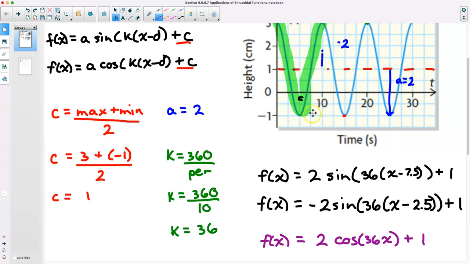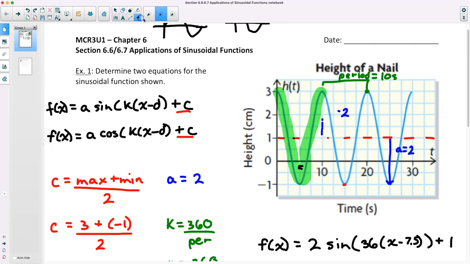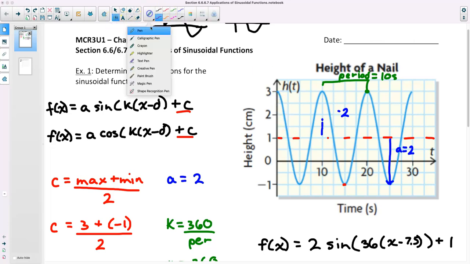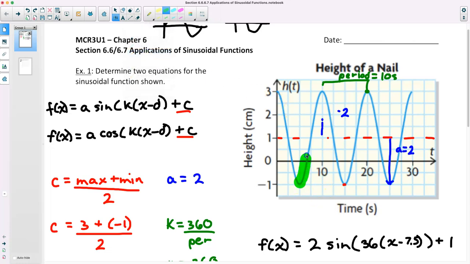Okay, another option for this is, instead of starting at the top, if we started here and it goes up instead and then down, and then the pattern starts repeating.